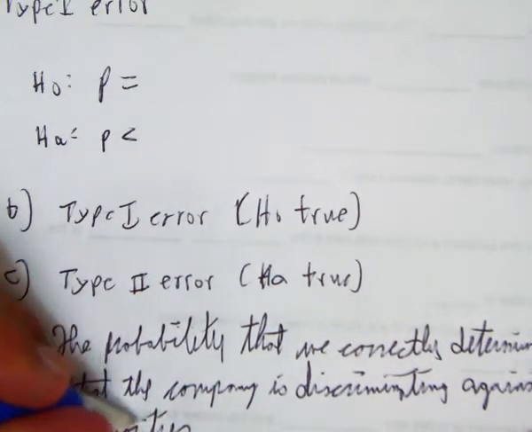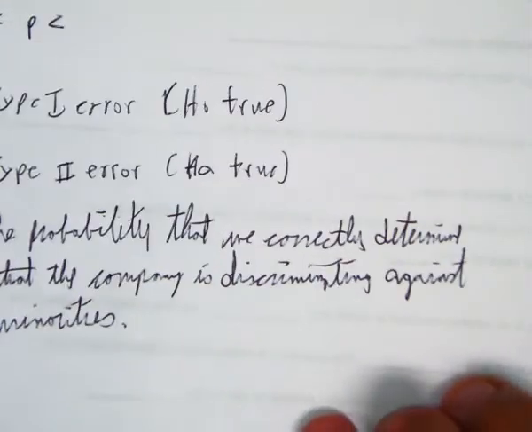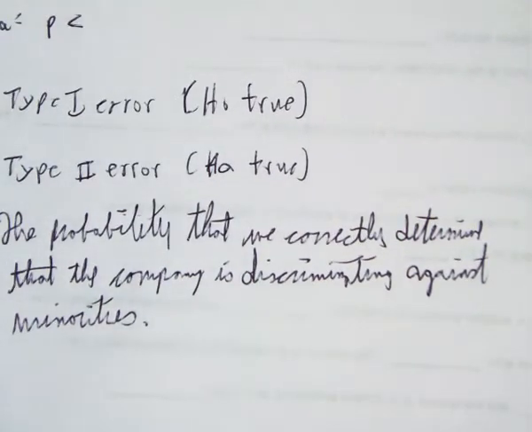I'm speaking because half of you can't read what I'm writing. So it's the probability that we correctly determine that the company is discriminating against minority candidates.